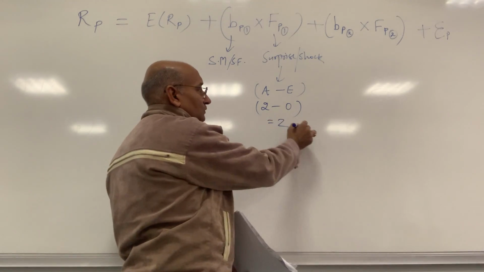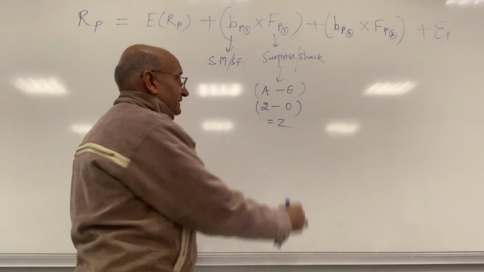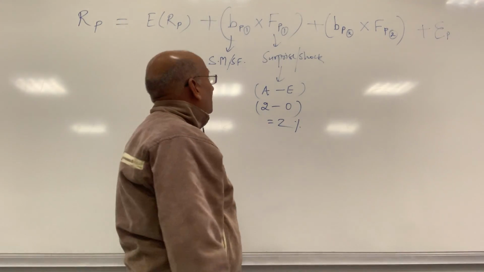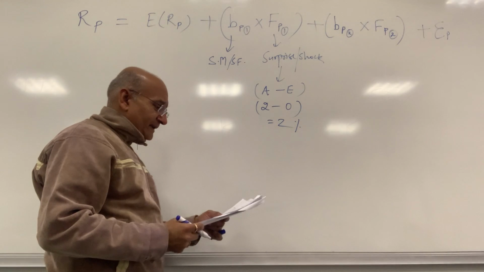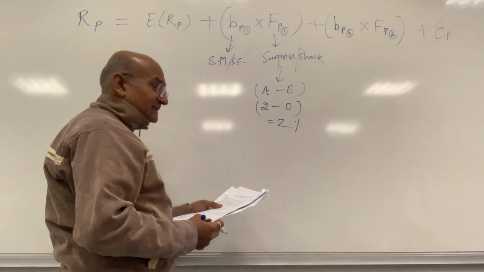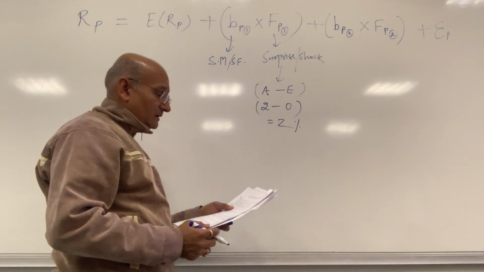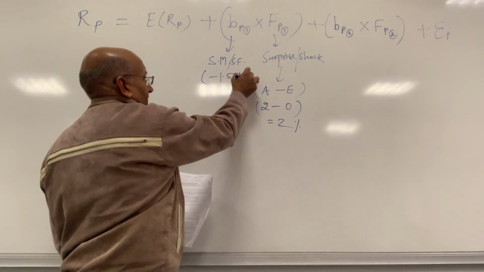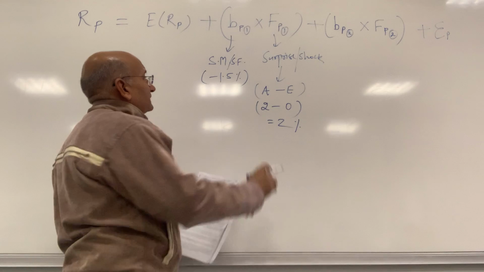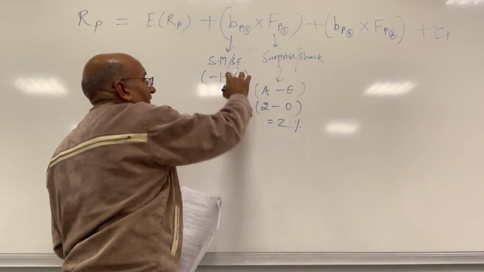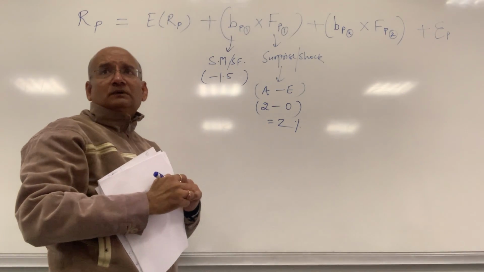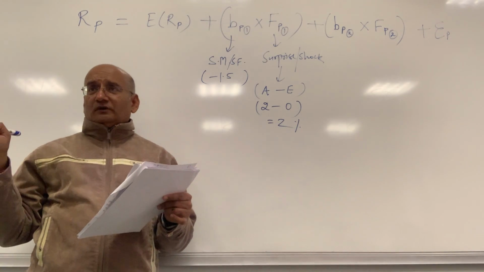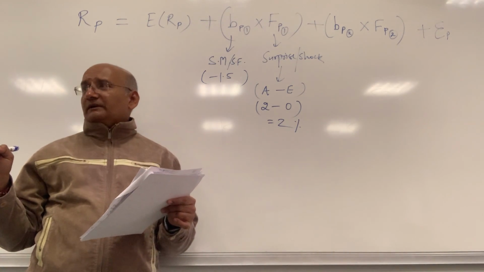So that is 2%. Don't forget to write percent. And the sensitivity measure for this change in interest rate given in the question is minus 1.5. Not percent, only write minus 1.5, absolute value. Okay? Look at the last column. It is clearly mentioned over there. Okay?